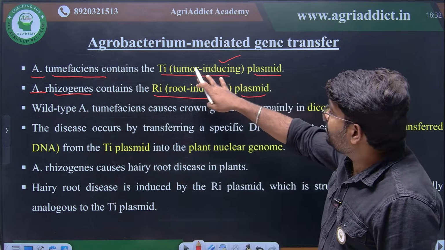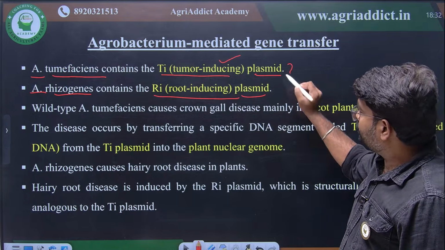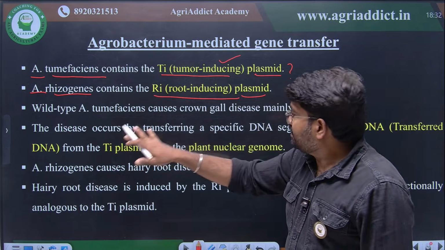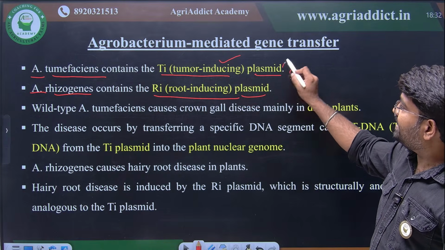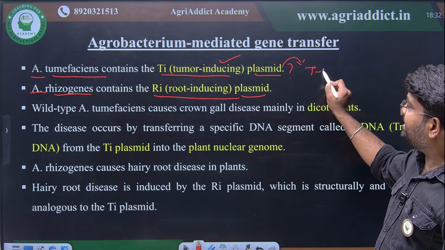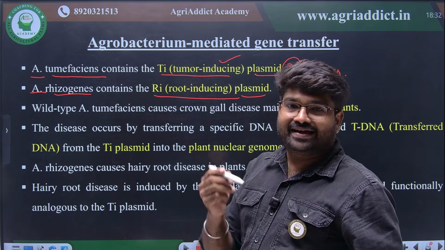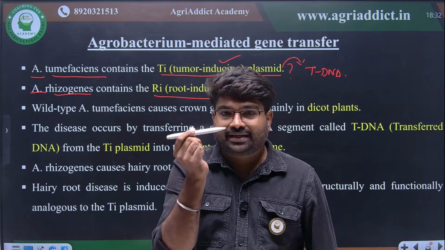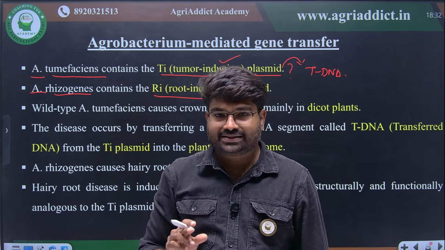What will this tumor inducing plasmid do? This is the question we have to answer. This Ti plasmid will assist in integrating the T-DNA into the host genome. The T-DNA segment of the Ti plasmid will be integrated into the plant genome.